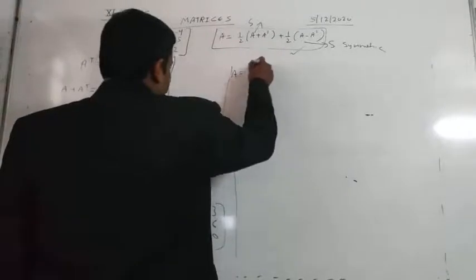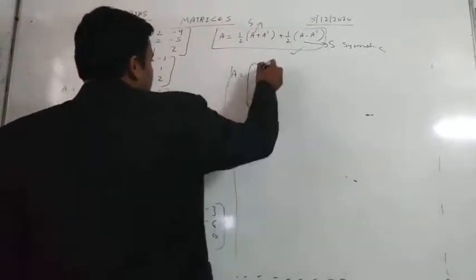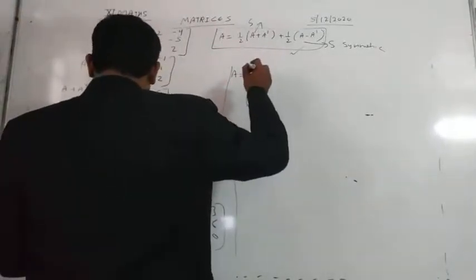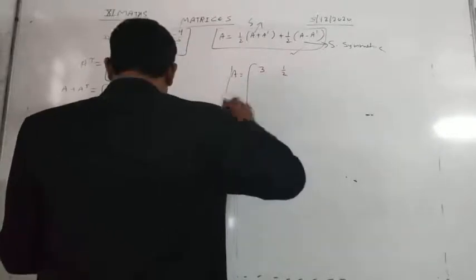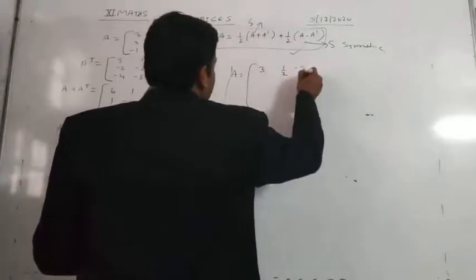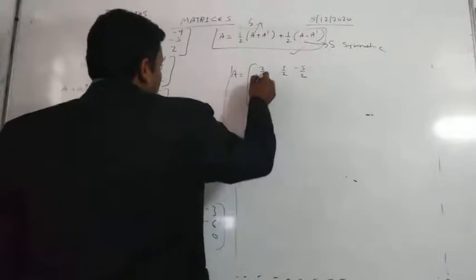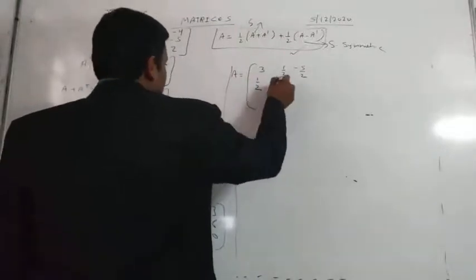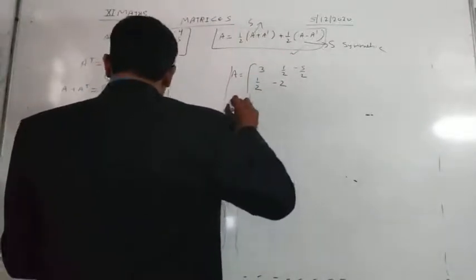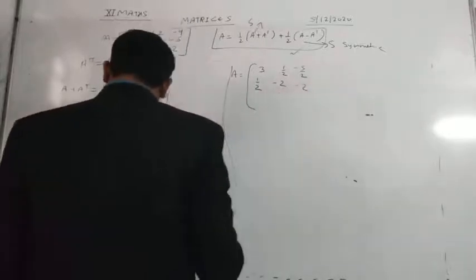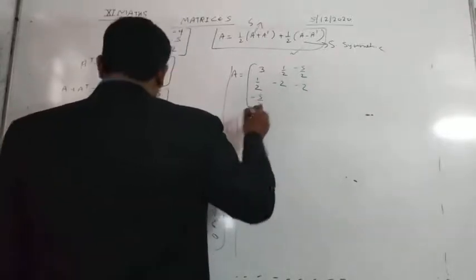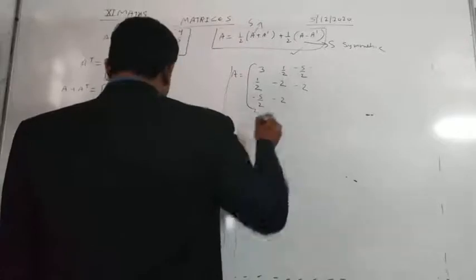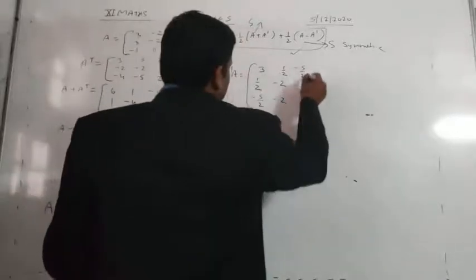So our A is: 3, 1/2, -5/2; 1/2, -2, -2; -5/2, -2, 2.